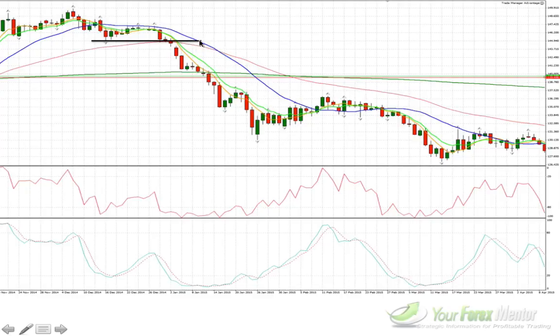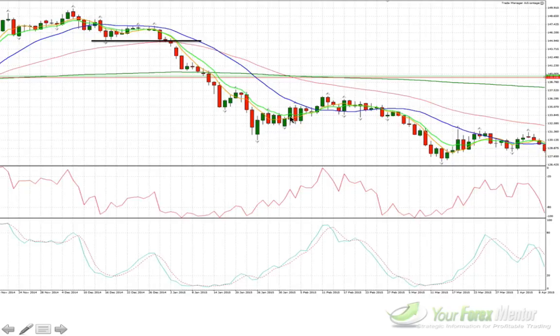The market was trading up here around 146.20. I'm sorry, about 145 roughly, and we would have exited this market at about 133 or so. That's a big move, right? That's over 800 pips, actually over 1,200 pips in this particular move.